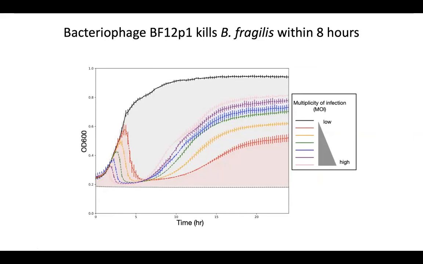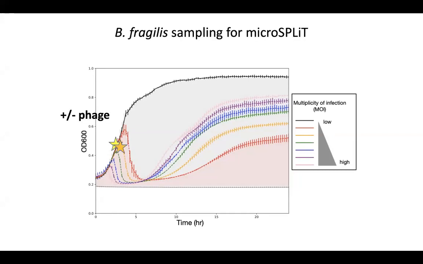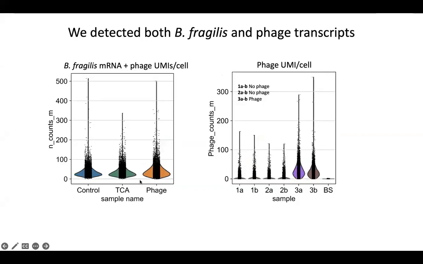So we thought this is a really good model to maybe see what are the transcriptome changes in single cells when the bacteria are challenged with phage. So we sampled for now just these 2 points with or without phage right before this massive die-off. And we could detect both Bacteroides transcripts and phage transcripts.